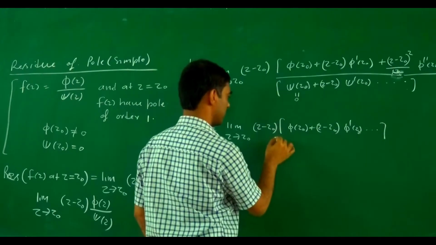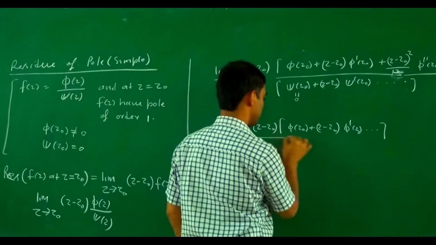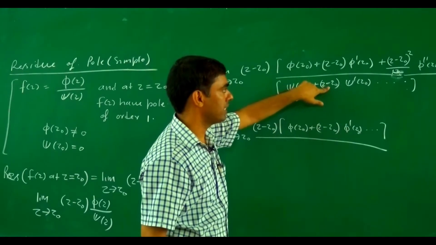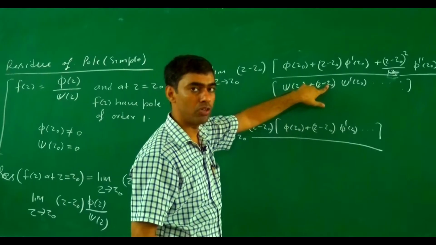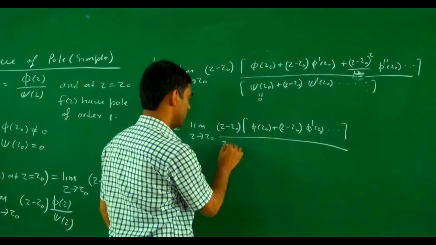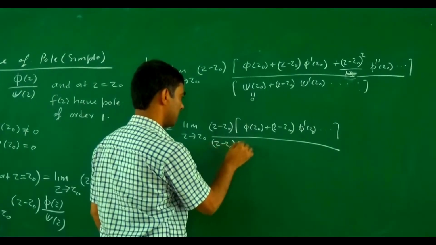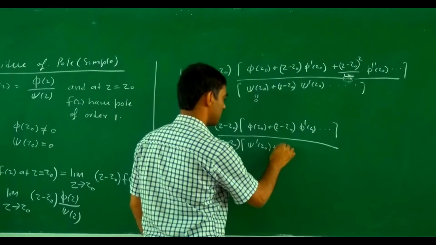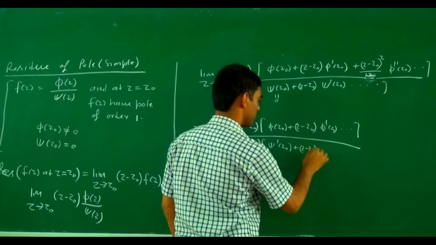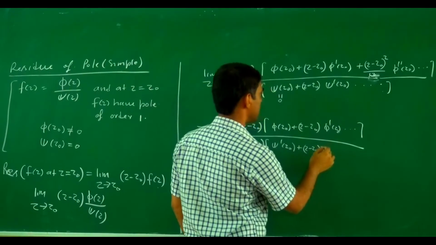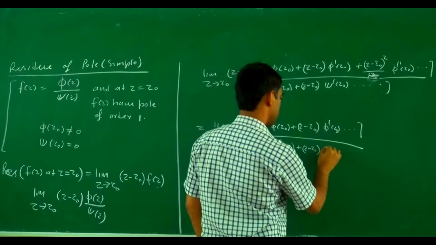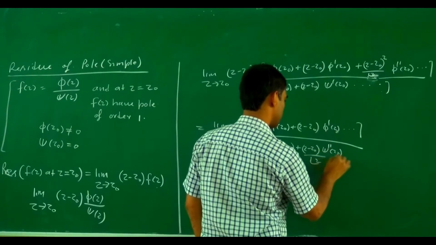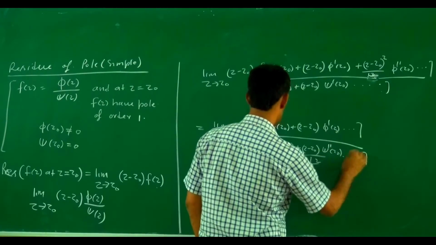In the denominator, psi(z0) becomes 0, so we take (z minus z0) common outside. Then this becomes (z minus z0) outside, and inside psi dash(z0) plus (z minus z0) psi double dash(z0) divided by factorial 2, up to an infinite number of terms.